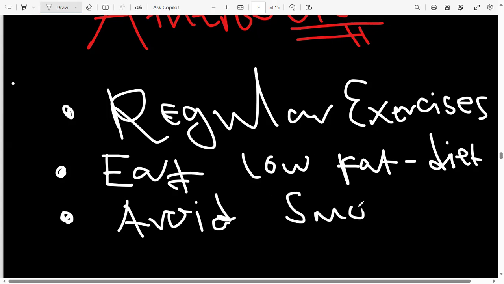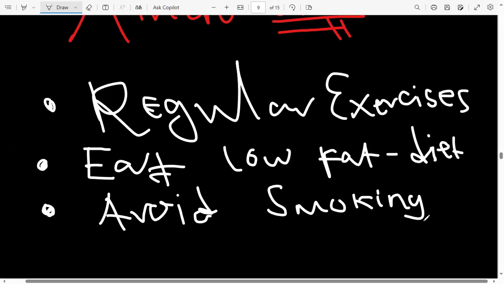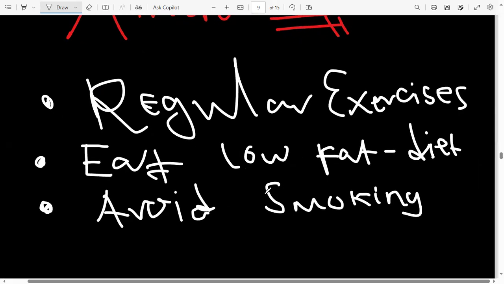The arteries will be in trouble, and insufficient oxygen will reach your heart. As a result, you can die of a heart attack. So these are three lifestyle changes you can adopt to reduce the accumulation of bad cholesterol in your arteries: regular exercise, eating a low-fat diet, and avoiding smoking.